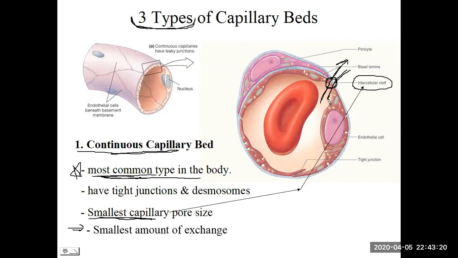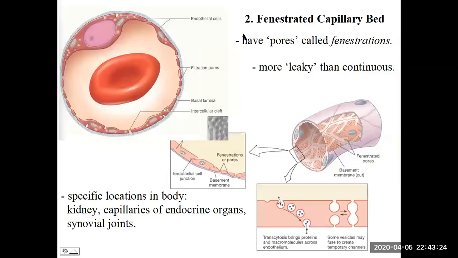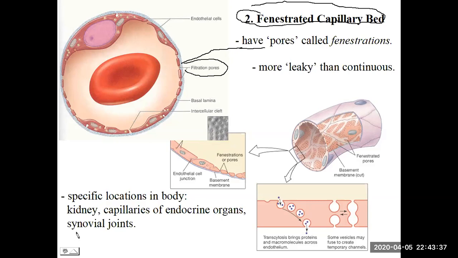So now as we move to the next type of capillary, it's really the intermediate type, the fenestrated capillaries. And I say the intermediate type because this now has the medium-sized pores, and it's not as common, but it's not the rare type.